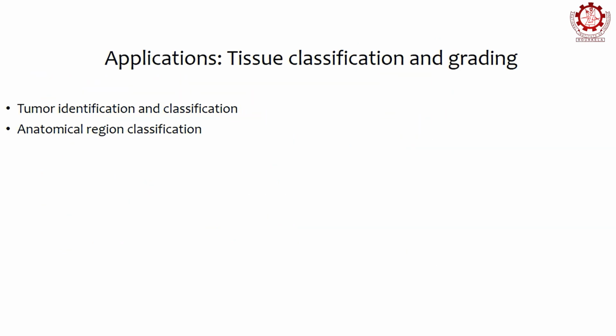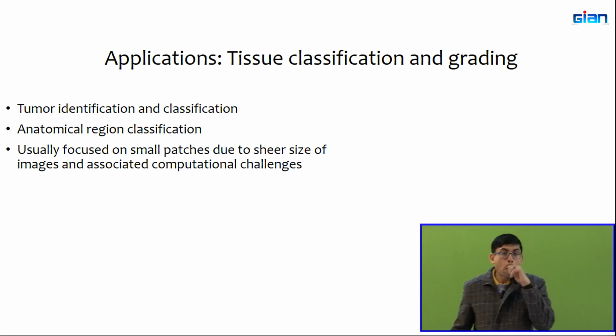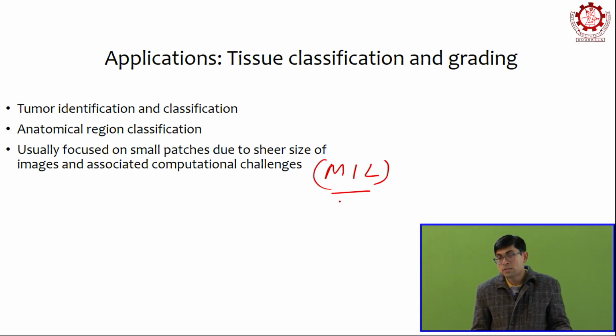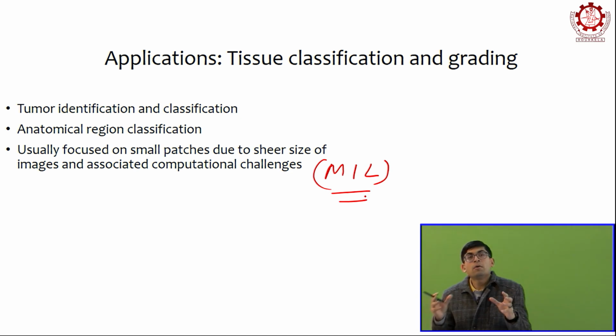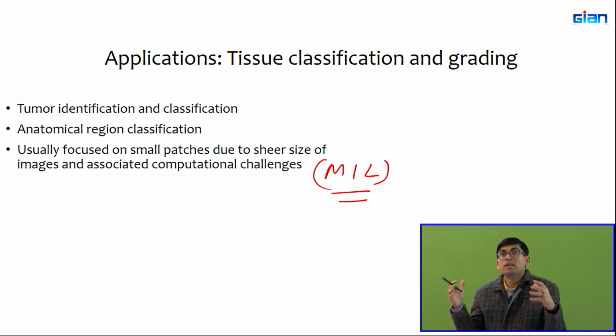So, tumor identification, classification, anatomical region classification. A lot of times the analysis focused on small patches because of computational challenges, but there are new methods like multiple instance learning. Using multiple instance learning methods, we can take smaller patches and combine them to come up with a reasoning for the entire slide.